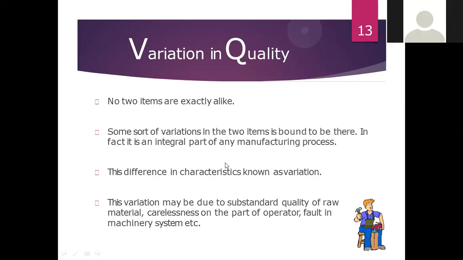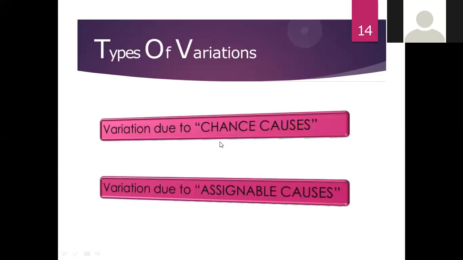Likewise there are so many errors. These types of variations can be categorized into two main sections. The first one, variation due to chance causes, and the second, variation due to assignable causes.